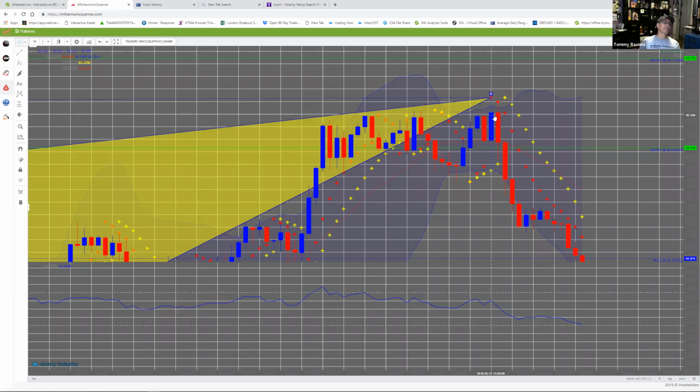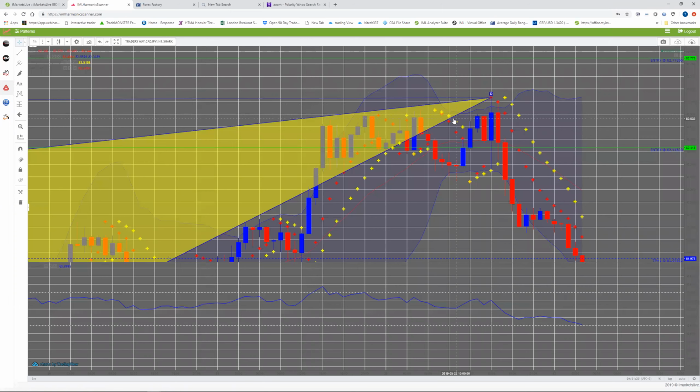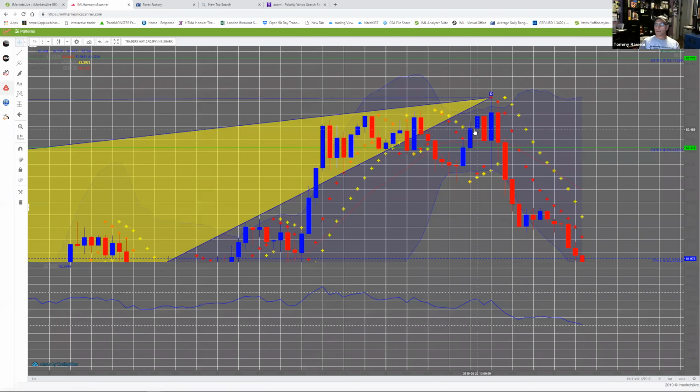You're paying them 3 pips just to take your action, right? So now, by the time I get in, the spread went back down to 1.5 or 1. So I don't pay my broker so much, and I get in on a much more, I call it graceful, easier move.